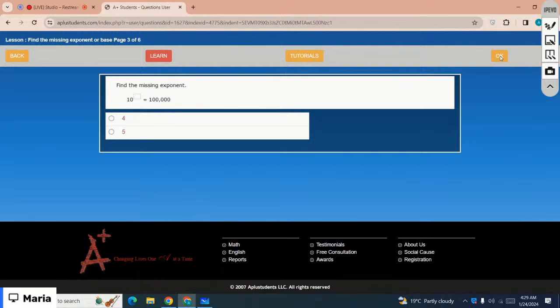Yes, the correct option is 5, right? Because you have 5 zeros on the other side. So that is 5.